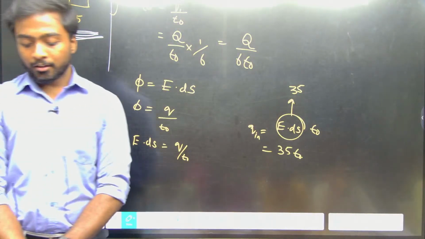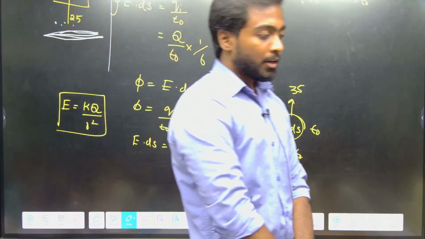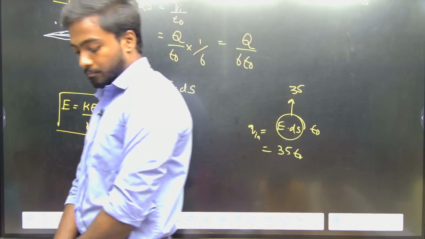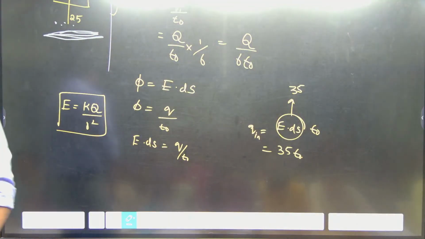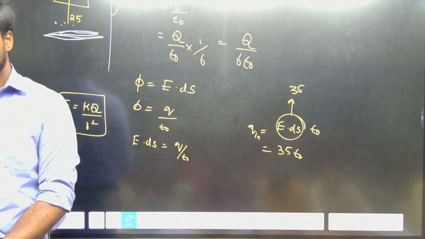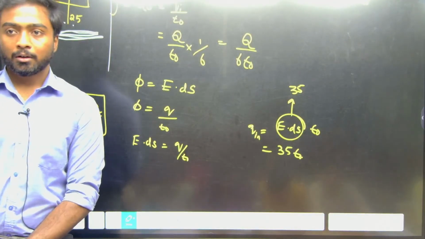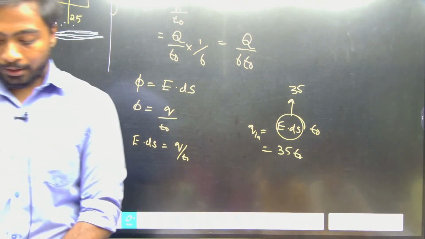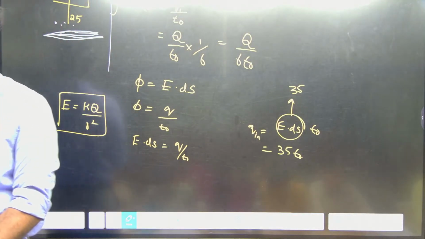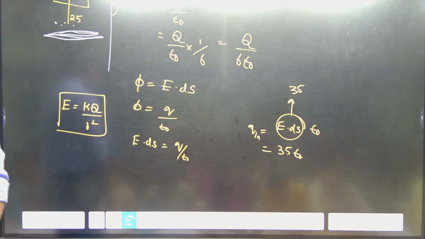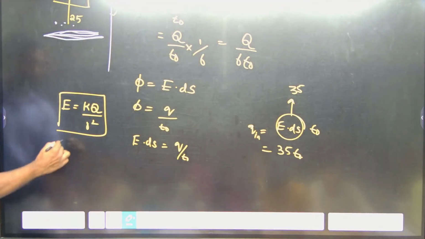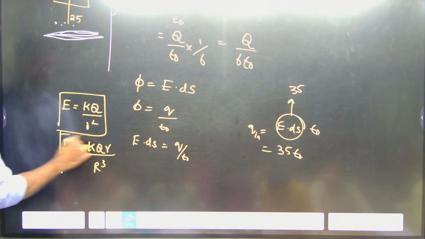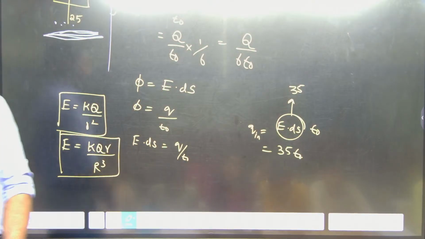The next one, field due to non-conducting solid sphere at an inside point. So formula is E is equal to KQr by R cube. Small r by capital R cube.